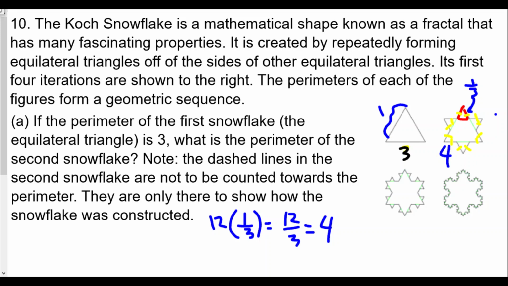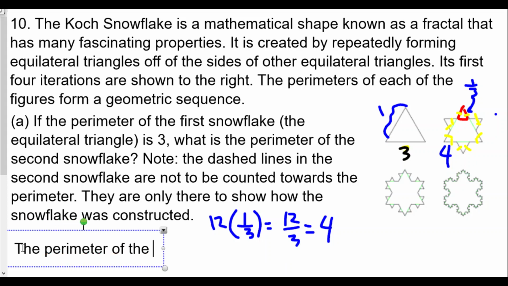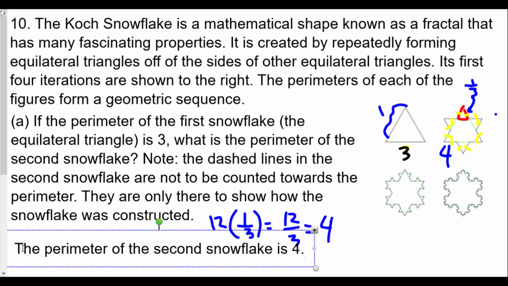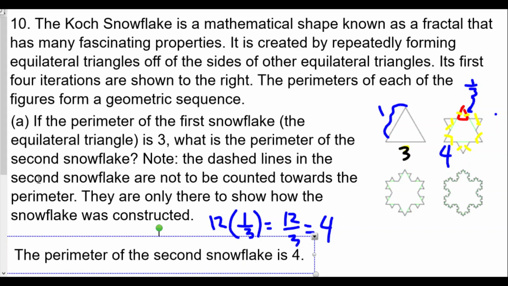And we'll just type that in there. The perimeter of the second snowflake is 4. So that's the answer. Okay. That's part A. Again, we talked about how one full length is 1.